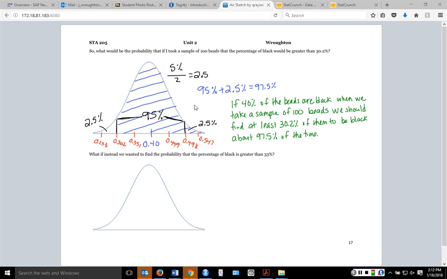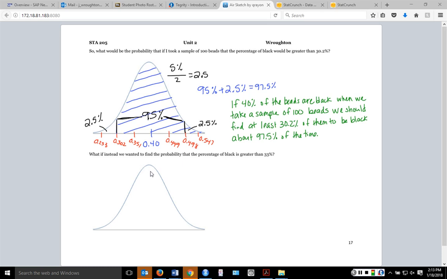So 97.5% of the time you should get at least 30-ish% black beads. Only 2.5% of the time would you get anything lower. So just using that 68, 95, 99.7 rule to help us find that probability.